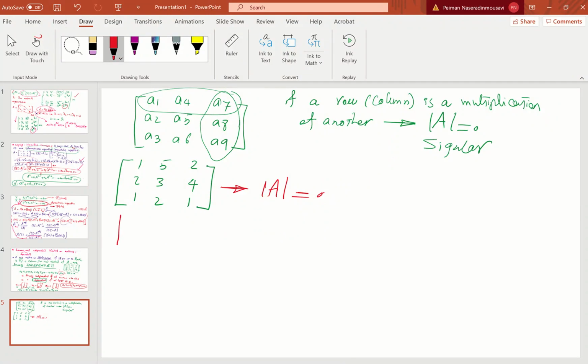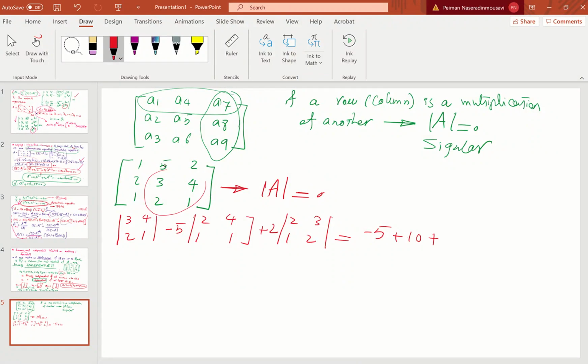It's going to be 3 minus 8 minus 5, 2 minus 4 minus 2 plus 10 plus 4.